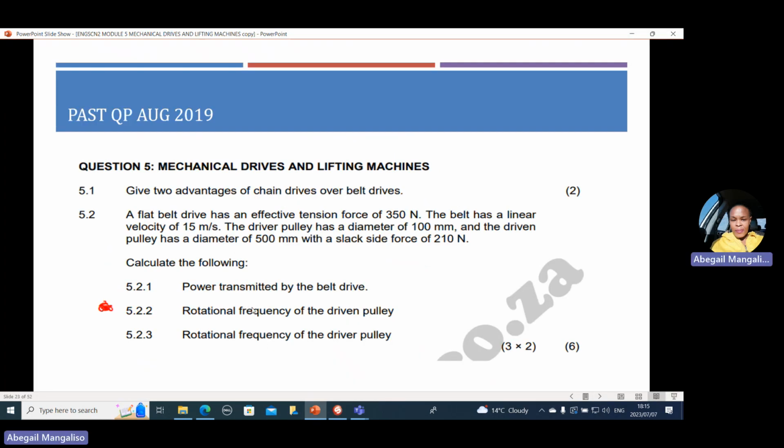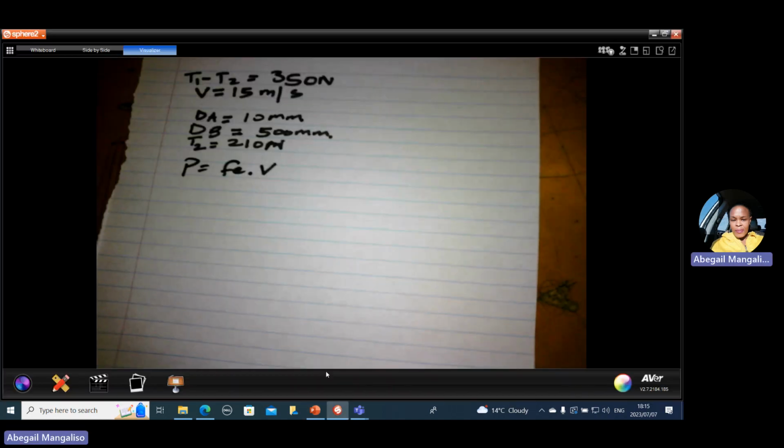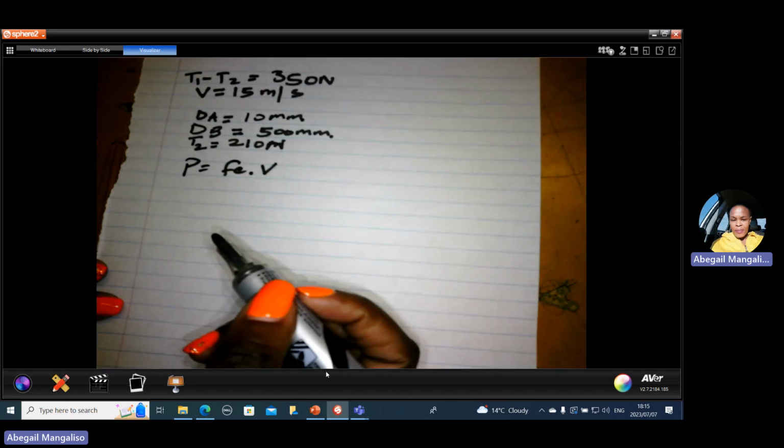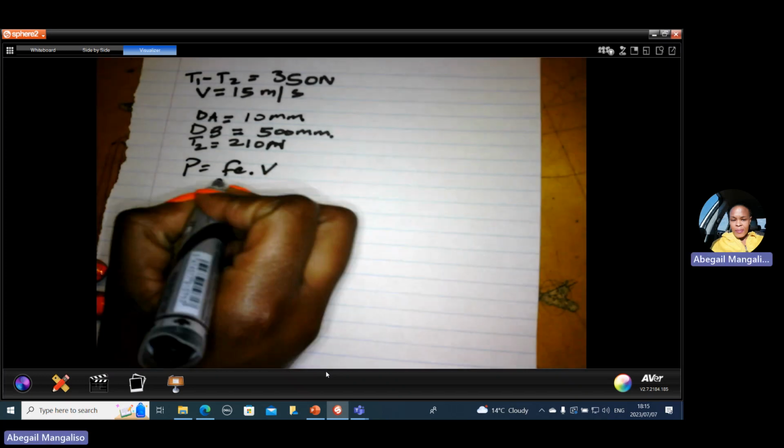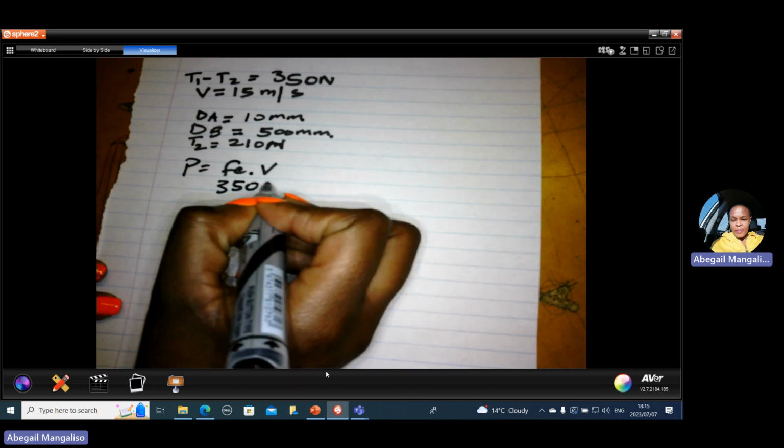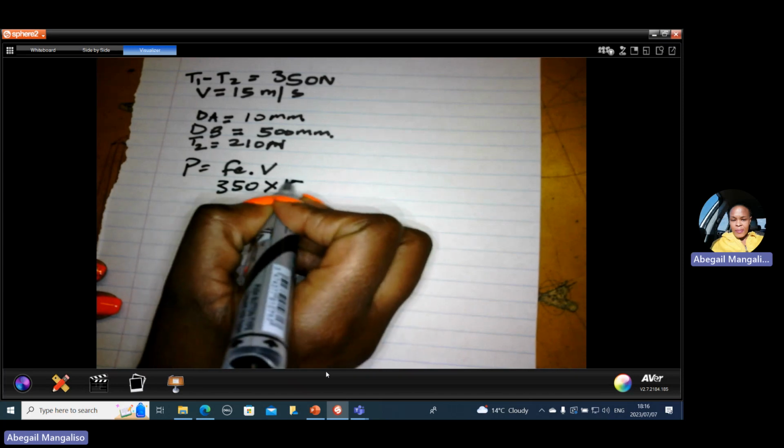Power transmitted. So power is equal to Fe multiplied by velocity from the formula. So everything is given. Effective force, which is Fe, was given as 350 multiplied by velocity, 15.